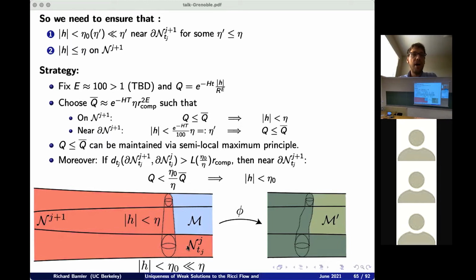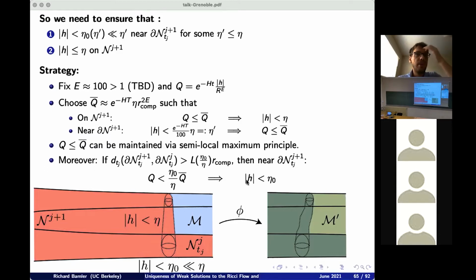So the boundary of the previous Nj, which I didn't draw here, has to be very, very far away from this sphere of size 2. In other words, if the staircase pattern is flat enough, then we have this extra improvement. This is how we can get the number 1.